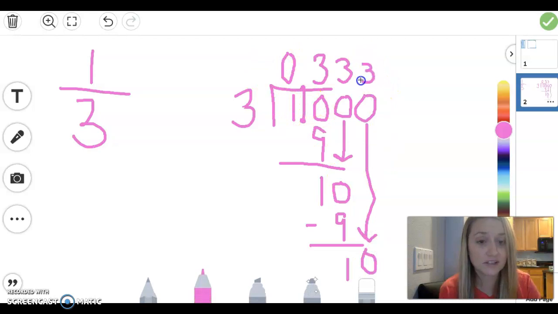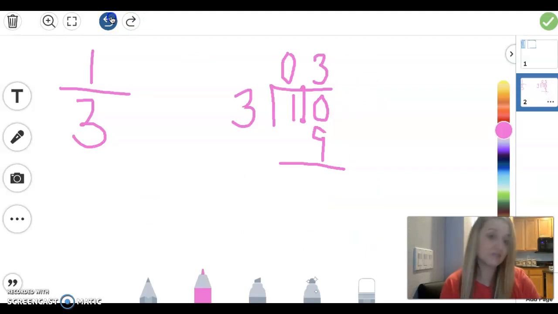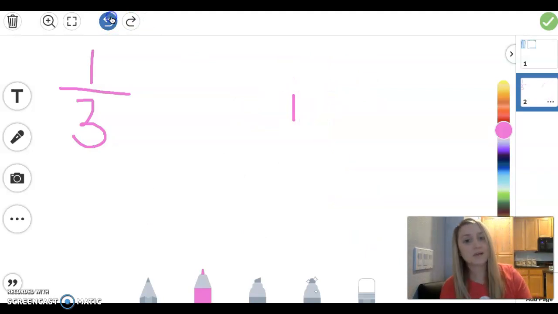If you want to know the sign for it, you usually just put a line over the top. That means the number just keeps going on and on. But usually I just have you stop at the hundredths place. So 1/3 written as a decimal would be 0.33.